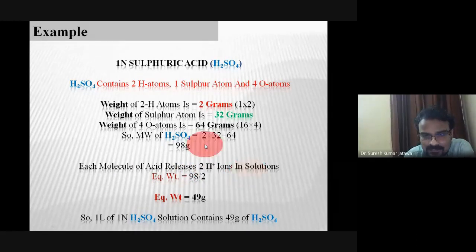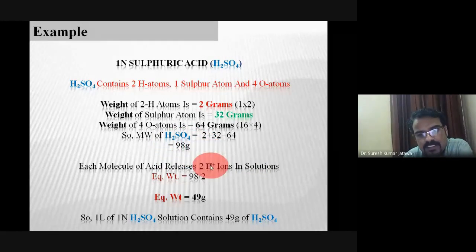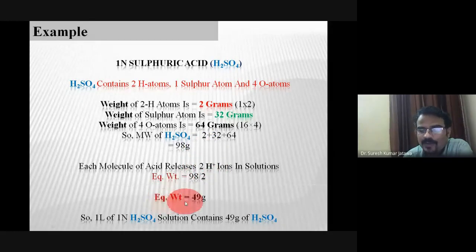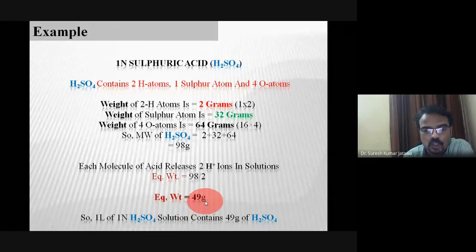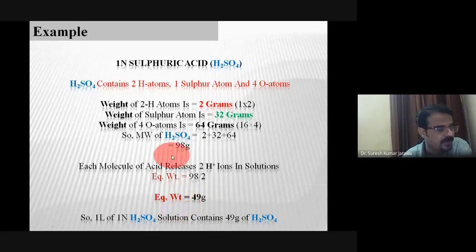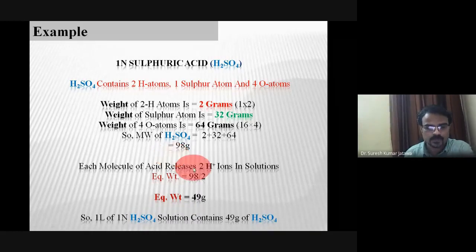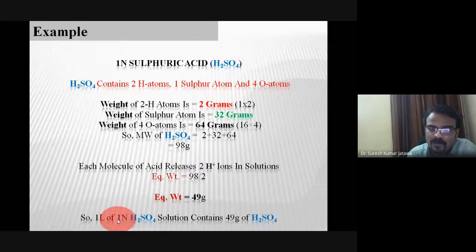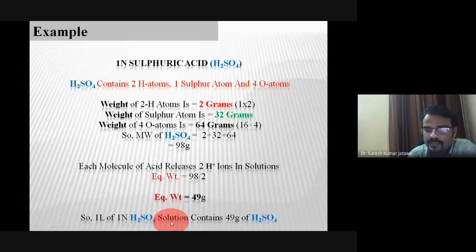It means this 98, the molecular weight, is divided by the number of replaceable H plus ions, that is 2. So it becomes 49 grams. It means the equivalent weight of sulfuric acid is 49 grams. So 1 liter of 1 normal sulfuric acid solution contains 49 gram of H2SO4.